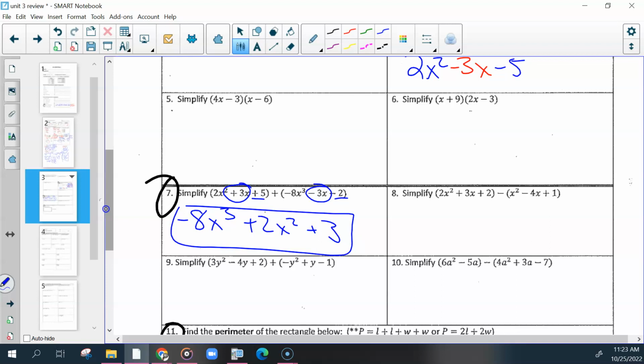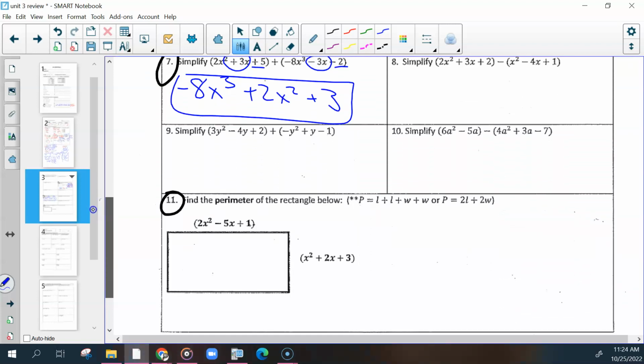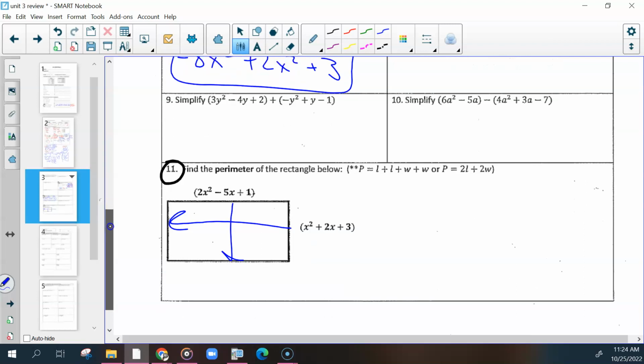For 11, for perimeter, we have to add up all the sides. So you can do this one of two ways. It only shows you two sides, but this would be the same on the other two. You can literally add up this, and then add up that again, and that again. Or multiply this by 2, multiply this by 2, and add those together. I'm going to do that one.